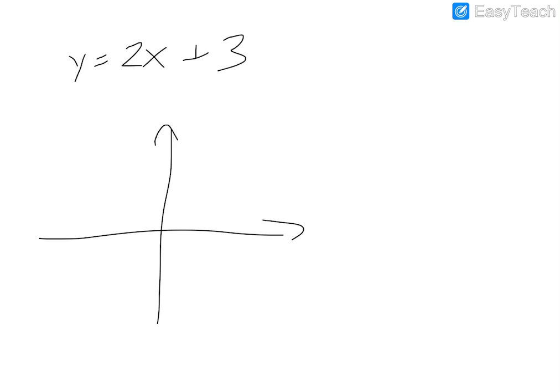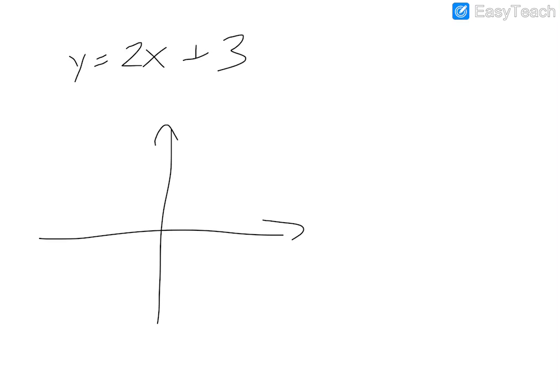Now if you want to plot an equation, a good strategy is to plug in various values for x and connect it like that. For example, something like y equals 2x plus 3. Now, there's two ways to do this, the long way or the short way.